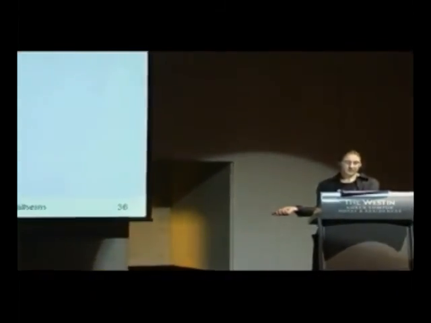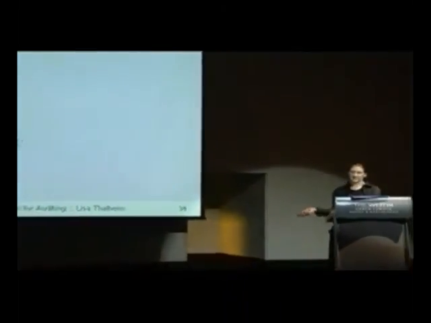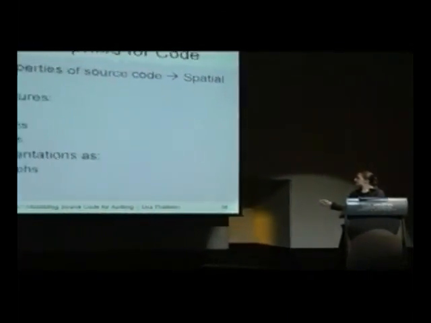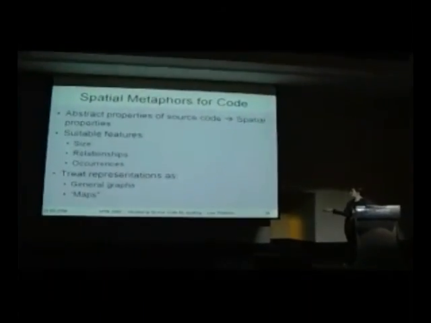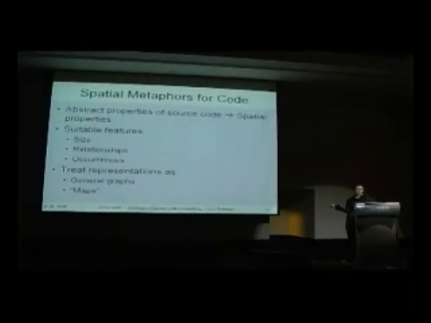So the basic idea is to convert abstract properties of source code into spatial properties. And suitable features are obviously size and relationships between code parts, and occurrences of features like search terms and references to code entities.